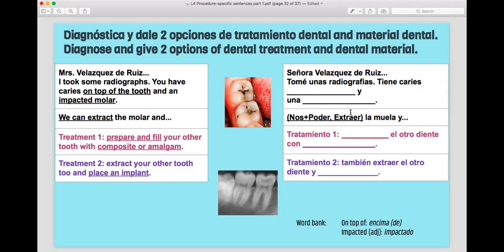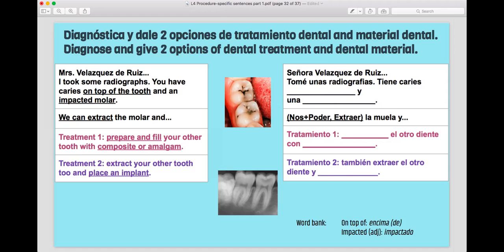So we would be talking about nosotros, but you don't really have to say nosotros. You can say podemos, and it's already implied. So you can say podemos extraer la muela.